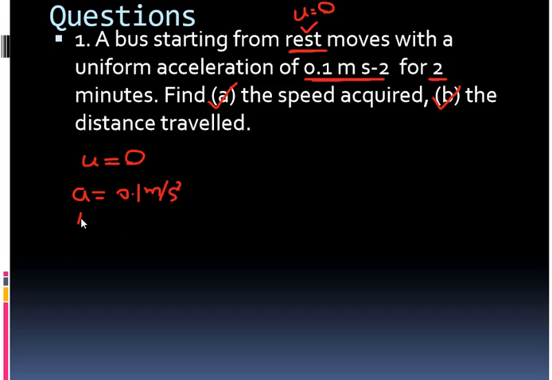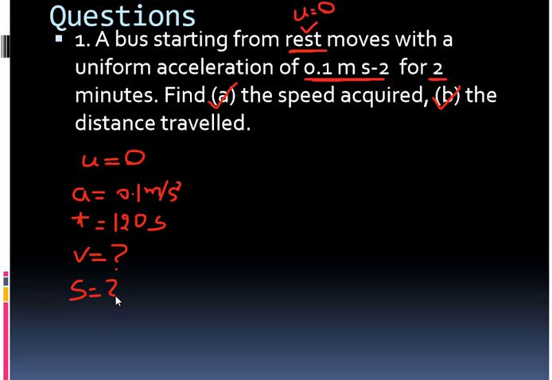Time is 2 minutes. 2 minutes is equal to 120 seconds. Find speed acquired. What is the speed acquired? That means here we need to find out the final velocity of the body. Then the distance traveled. What is the distance traveled by the body?